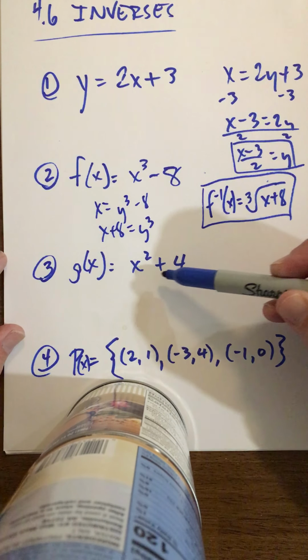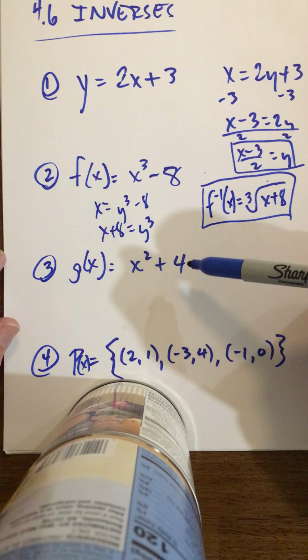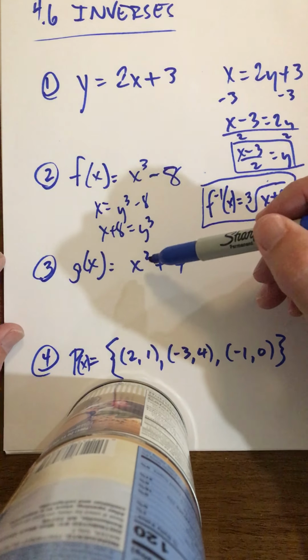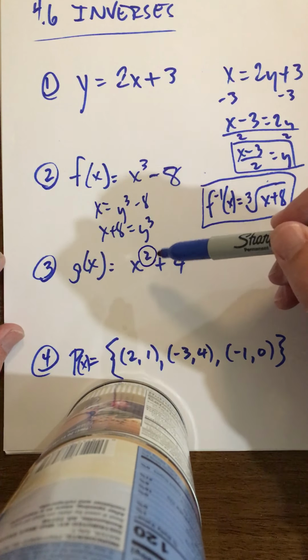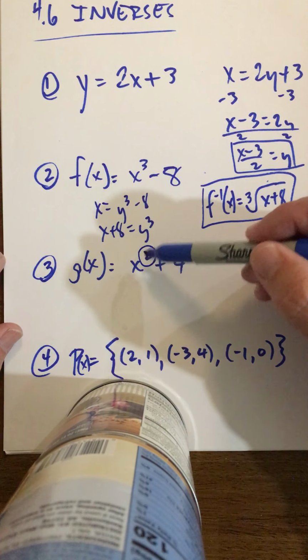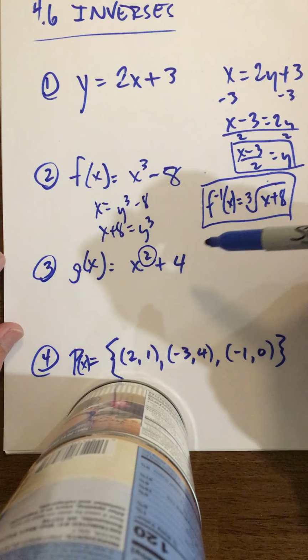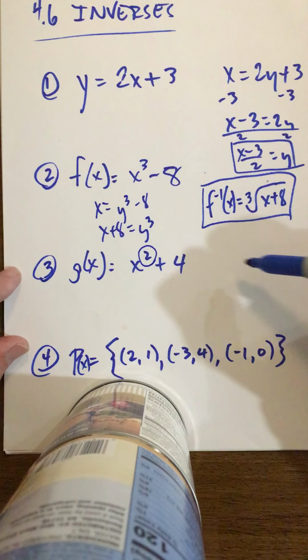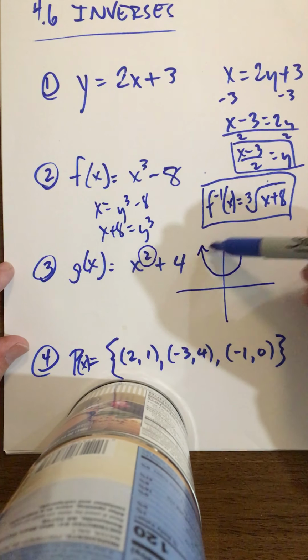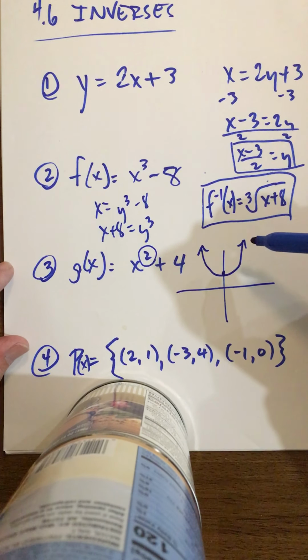The third example is g of x equals x squared plus 4. There is no work involved with this problem because it has a squared, it has an even exponent. Even exponents with the leading exponent can't have an inverse function, because remember, here's the demonstration of what we did. X squared plus 4 is a parabola facing up. Looks like this, going through 4 right there.